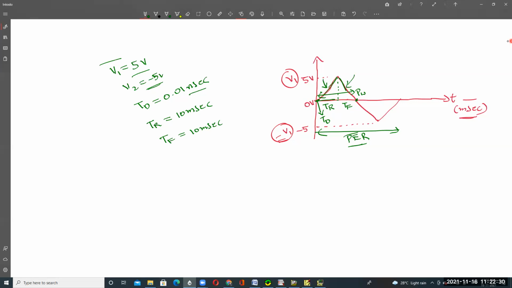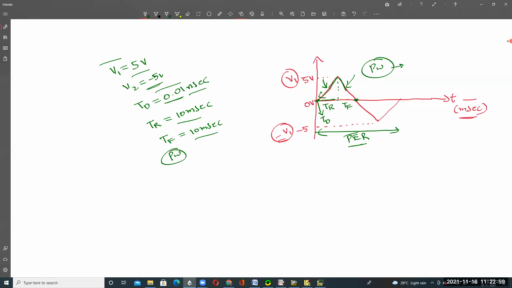Delay time is 0.001 nanoseconds, otherwise 0 seconds. Rise time 10 milliseconds, fall time 10 milliseconds. And next, the pulse width. In this triangular waveform, the pulse width must be 0.